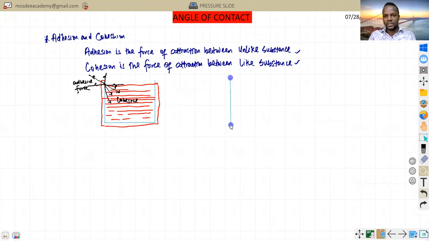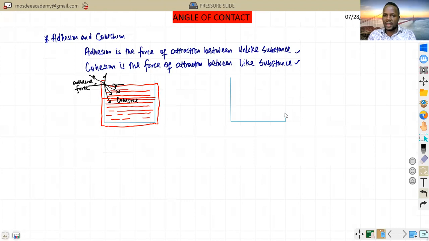Now, to understand the concept very well, what we are trying to say is that when we join the adhesive force and the cohesive force of the layer of liquid, all the adhesive forces acting away from the layer of liquid, as you can see from the diagram, act in a particular direction.